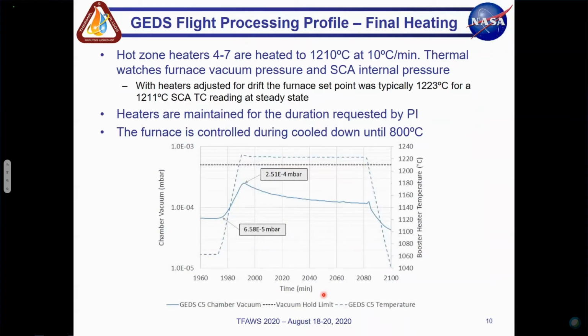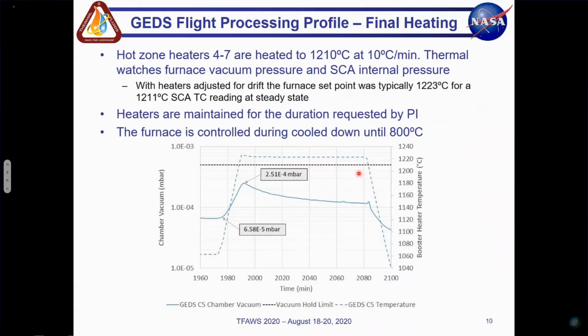This plot here shows a typical hot zone temperature and pressure profile. It's typical, but this is actual data from the GEDS C5 flight run. During the final heat up, the hot zone heaters 4 through 7 are heated to 1210 Celsius at 10 C a minute.